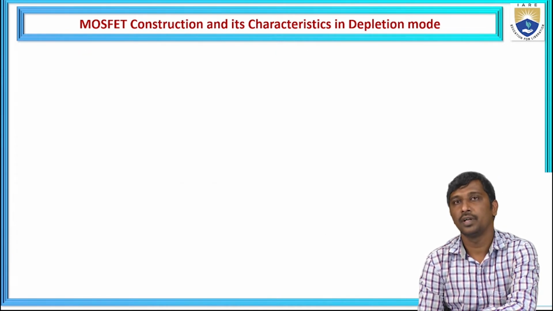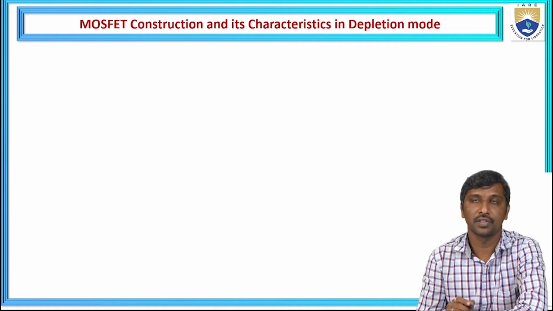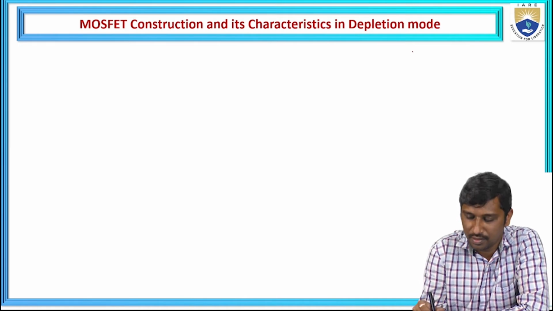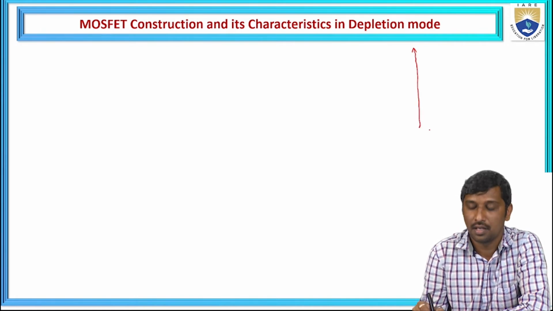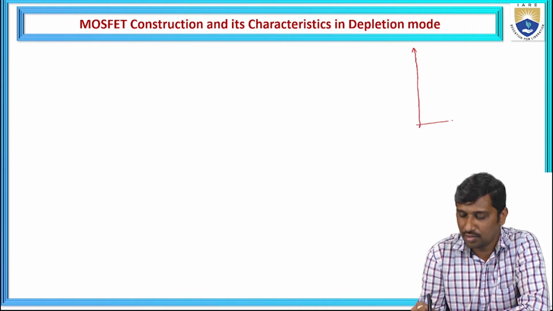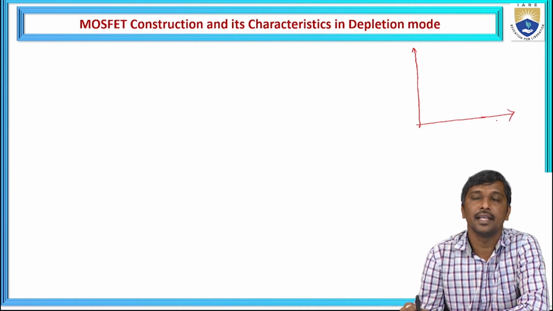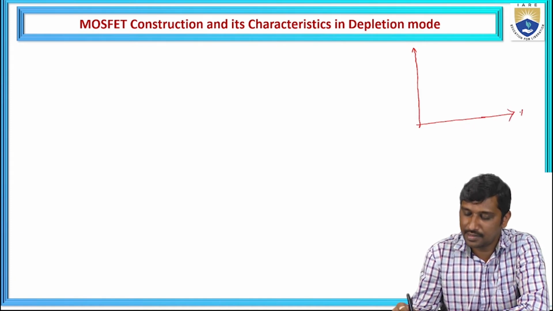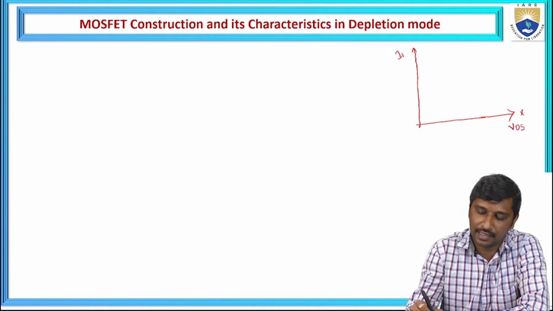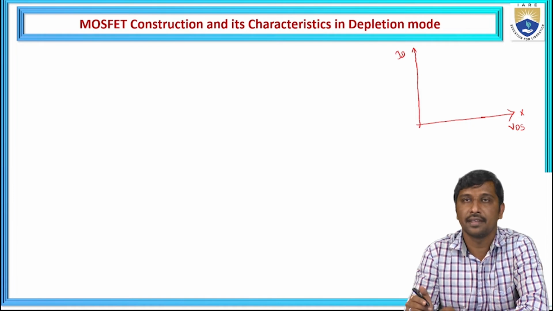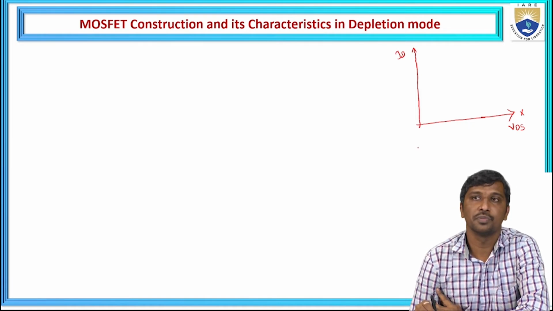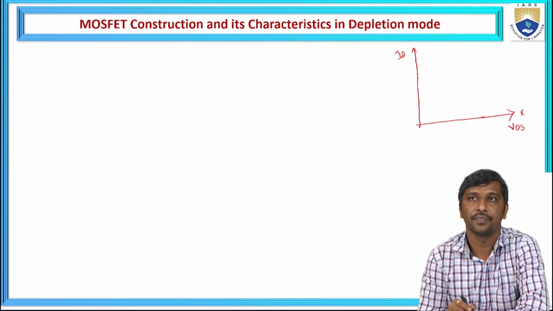If you want to plot the drain characteristics, just now we discussed that the drain characteristics, or output characteristics, are drawn between VDS and ID. Hence, the x-axis is taken as VDS and the y-axis is taken as drain current, by keeping the gate to source voltage constant.